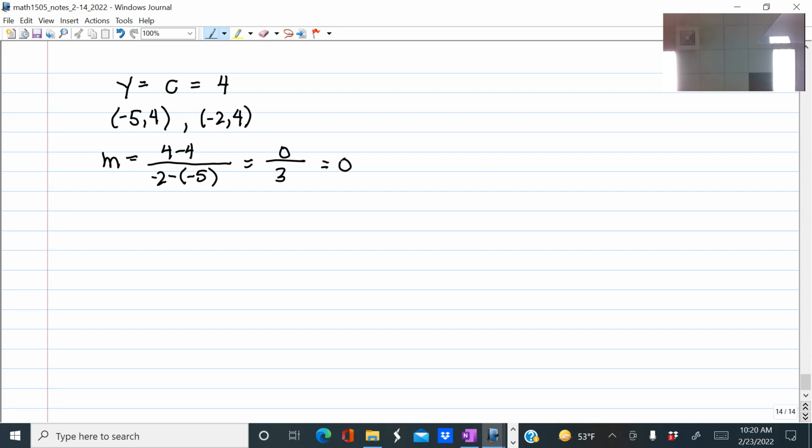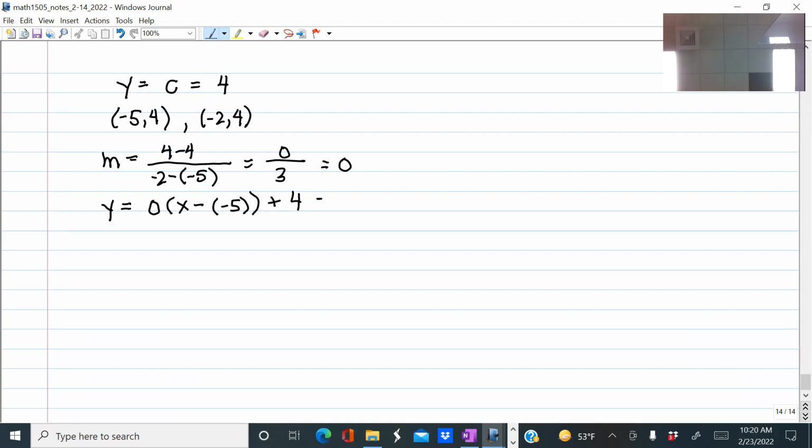Now that you know the slope and you know a point on the line, you can use your point slope form. What does the point slope form look like? It's y equal slope times x minus the x coordinate of one of the points you're given. Let's use this point. So we have x minus minus 5, and then just add on the y coordinate of the point, which in this case is 4.